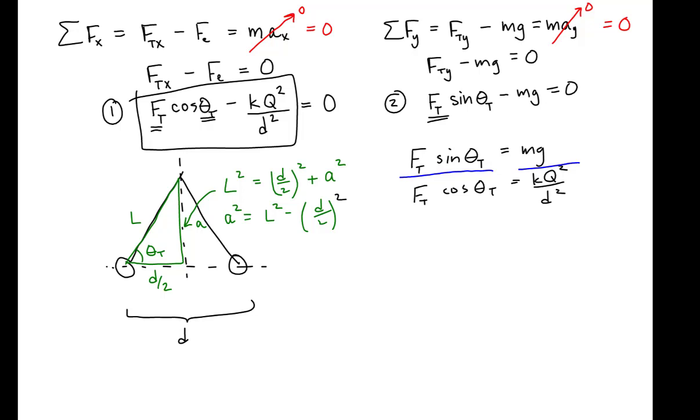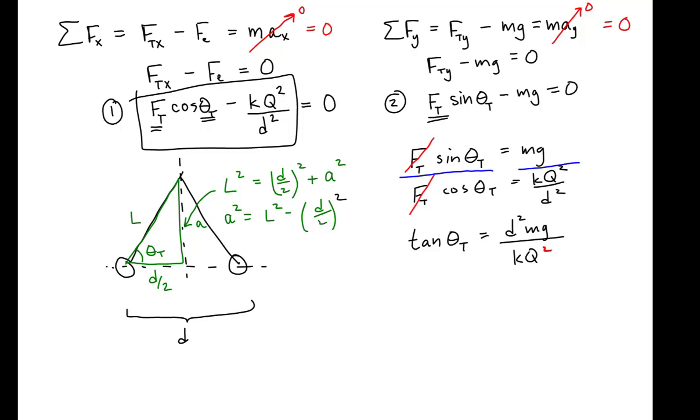If you look at the left side, notice how the tension in the numerator cancels with the tension in the denominator. That's awesome. This allows us to reduce our unknowns from 3 unknowns to just 2 unknowns without even having to solve for one of those unknowns, which is tension. So this is what we have so far.